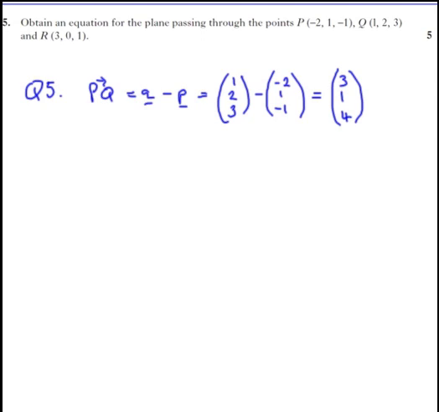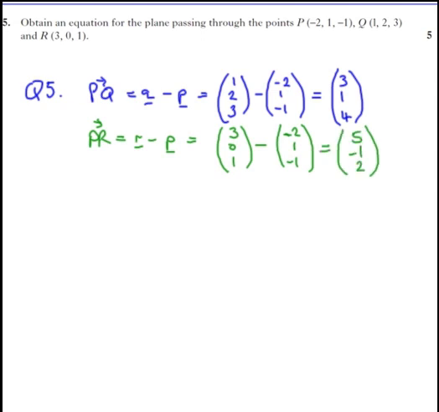Another vector lying on the plane would be PR. To do that we work out position vector R minus position vector P. So that's (3, 0, 1) minus (minus 2, 1, minus 1), which gives us (5, negative 1, 2).